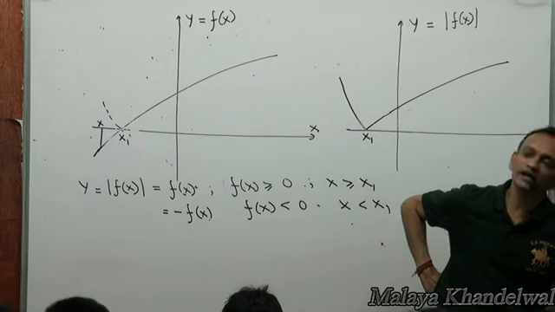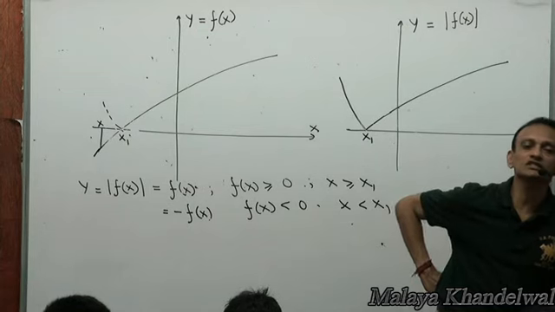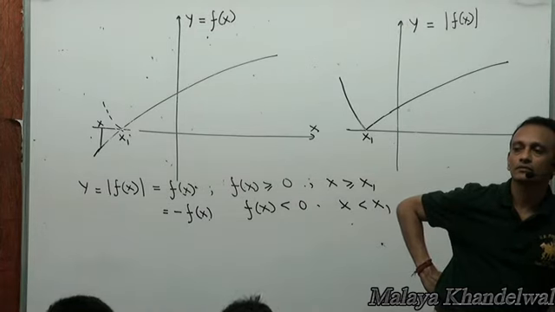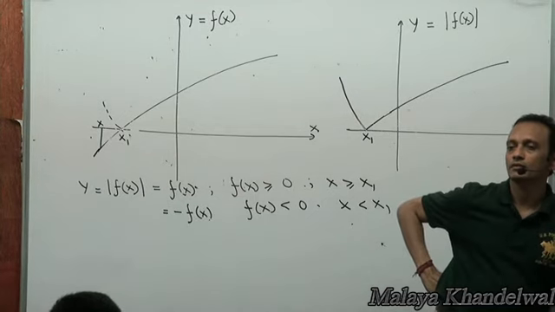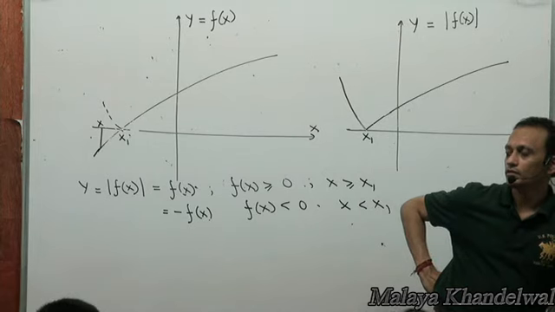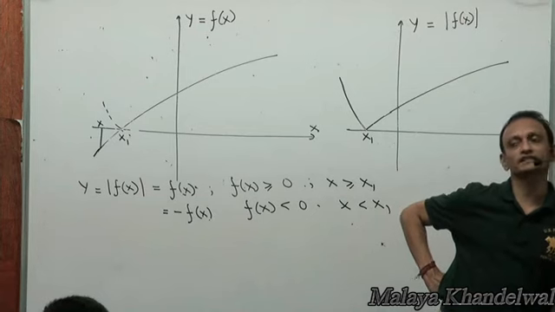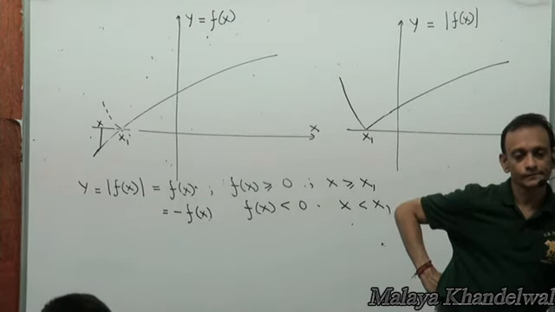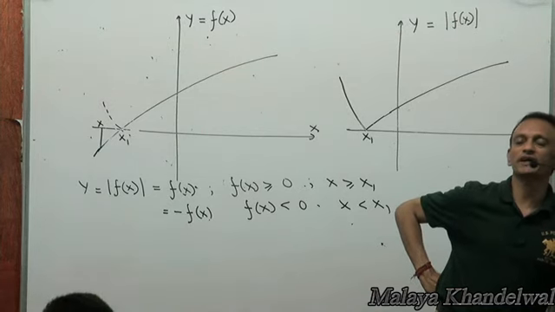The portion of f(x) below the x-axis needs to be reflected about the x-axis to get the graph of y equal to mod of f(x).